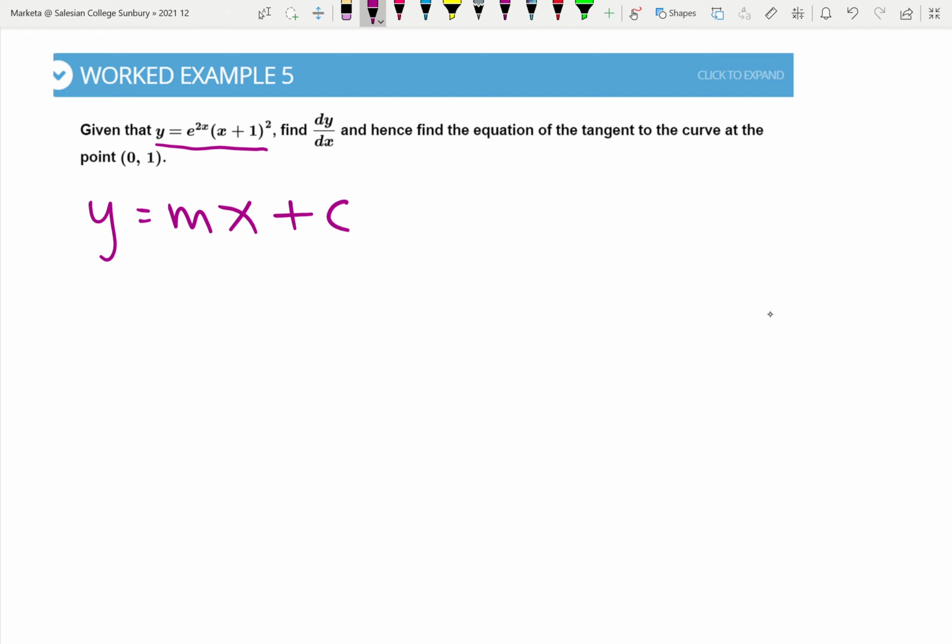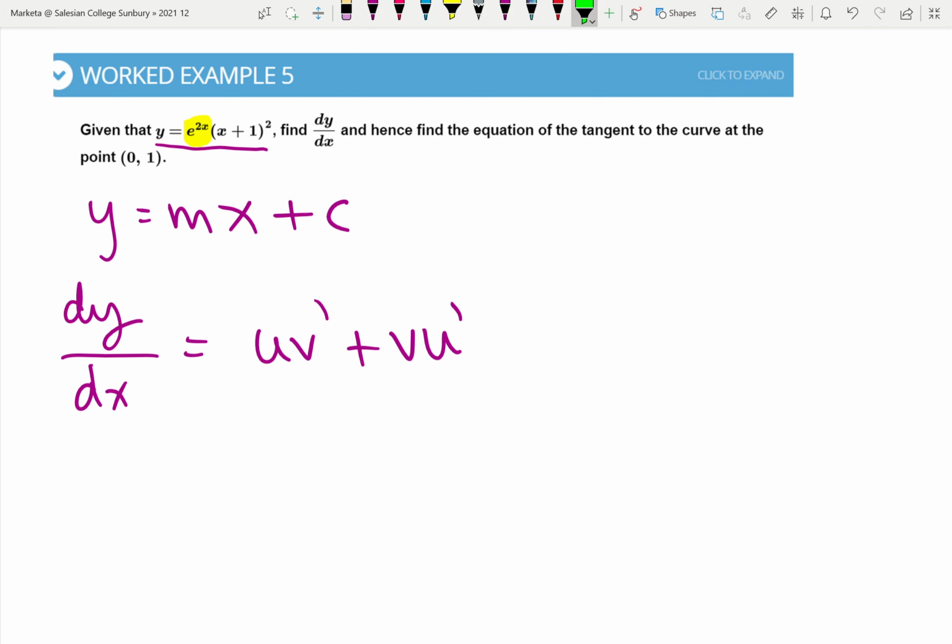This is y, so dy over dx is going to be u v dash plus v u dash, because we've got something times something else. So let u equal e to the 2x and v equal x plus 1 squared.